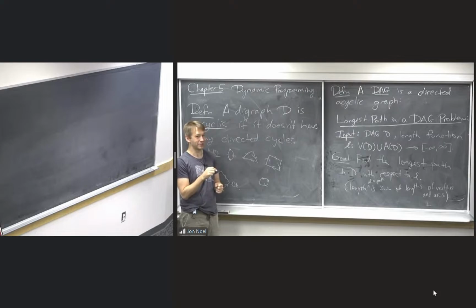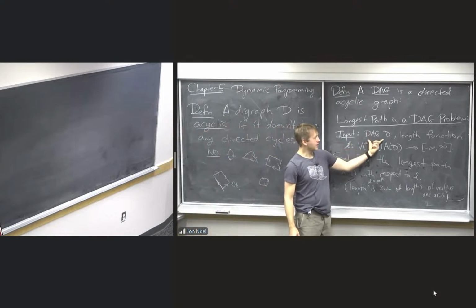The answer is no. On one of your assignments there was this thing about Hamilton cycles and Hamilton paths. If I gave you a graph and you had an algorithm to find the longest path in that graph, you could determine if it has a Hamilton path, because if the length is n minus 1, it's a Hamilton path. So without the condition that it's a directed acyclic graph, this would be a hard problem.